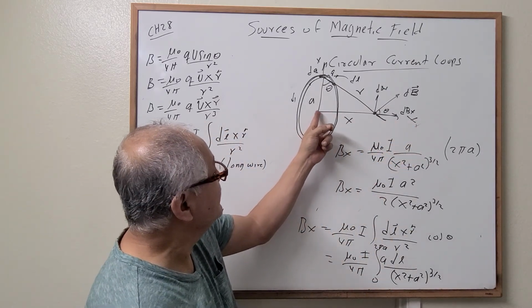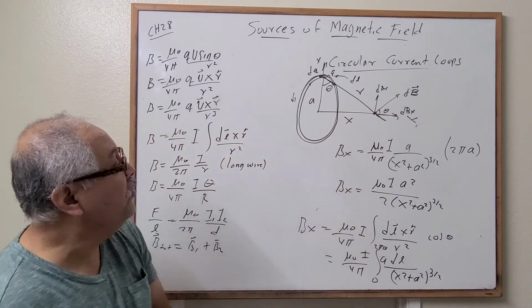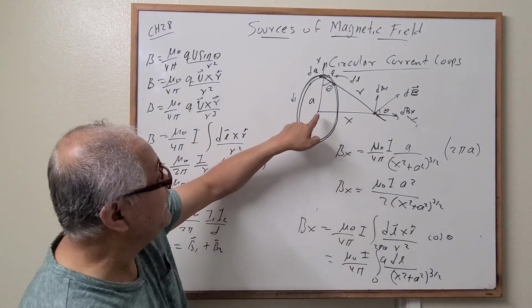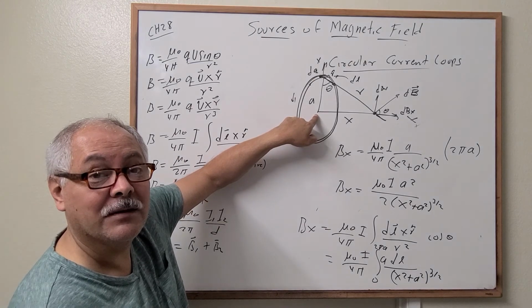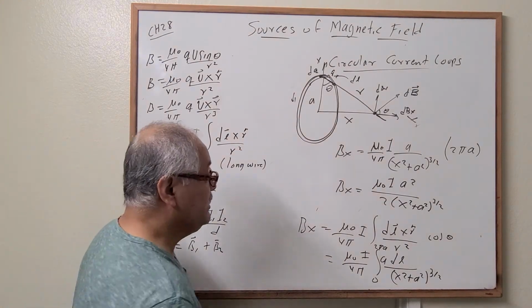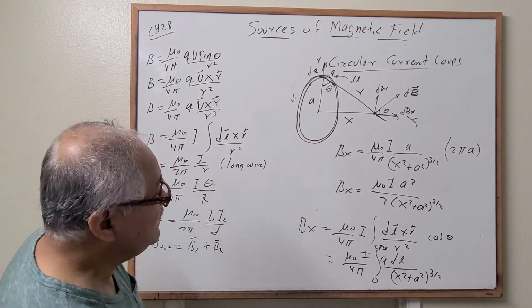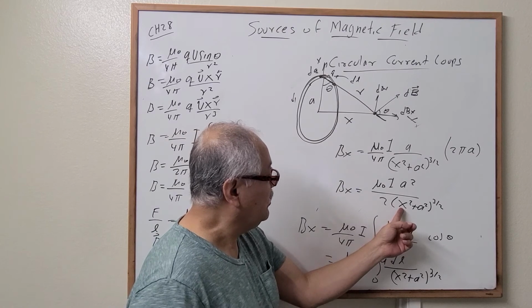Parallel, let's say, to the center of this loop. What happens if we're looking for the magnetic field exactly right here at the center of this circular path of the loop? Okay, let's do it. In that case, x is equal to 0. When x equals 0, what do we have?